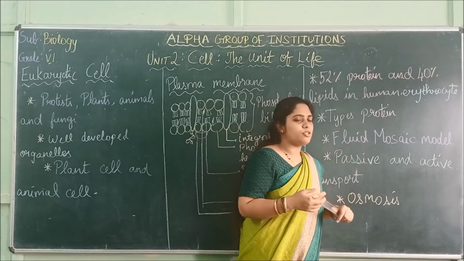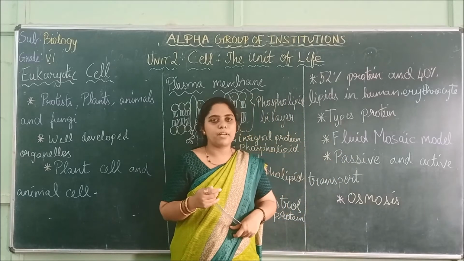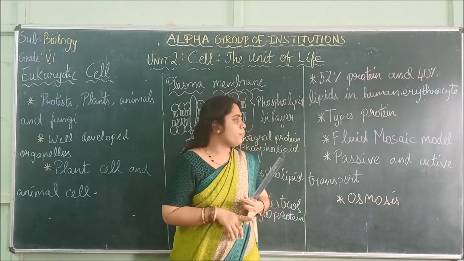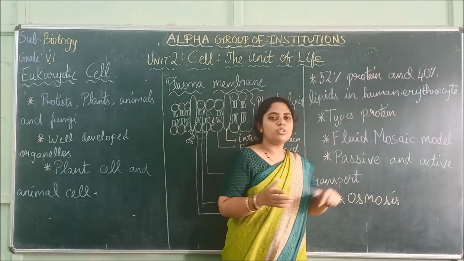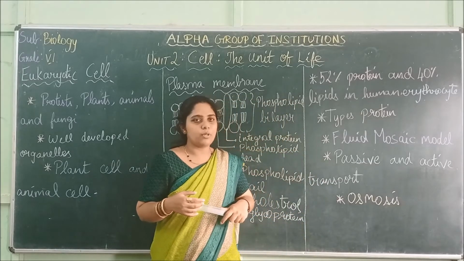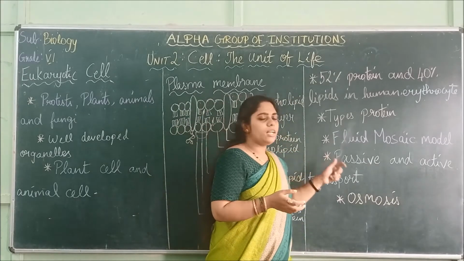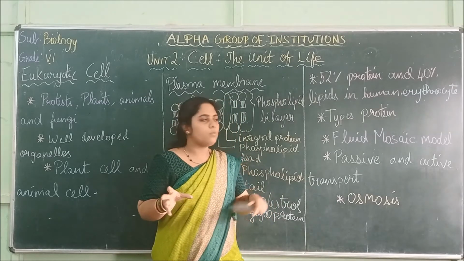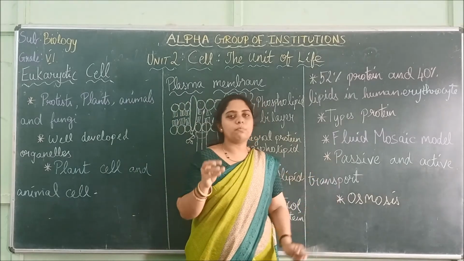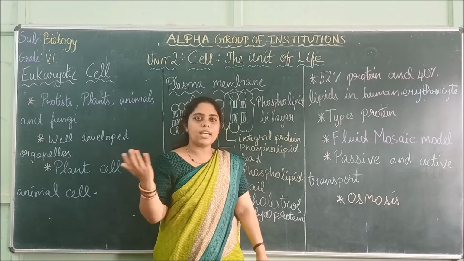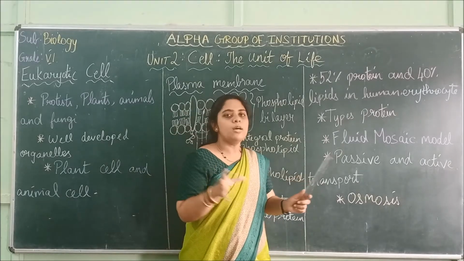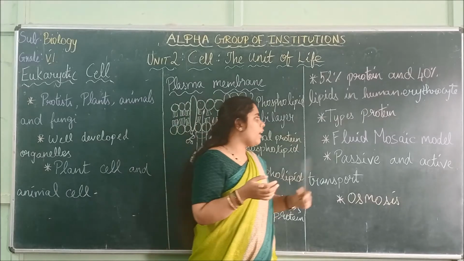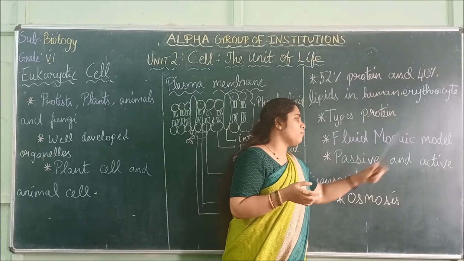The two types of proteins present in the plasma membrane are peripheral protein and integral protein. Peripheral protein is present on the surface of the plasma membrane, whereas integral protein is buried inside the layer. This is the position of the two types of proteins. After that, the fluid mosaic model.